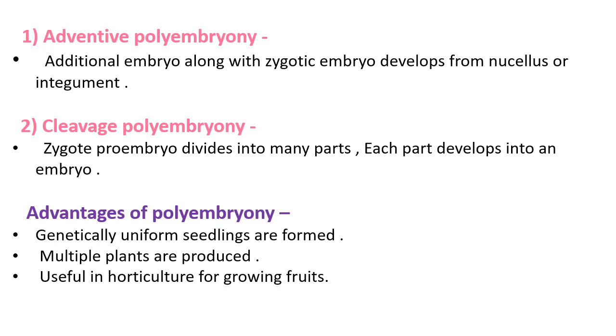In this type, the zygotic embryo means it is formed by the fusion of male gamete with female gamete. Such zygotic proembryo means the embryo which is not well developed or which is young in condition. So such zygotic proembryo divides into many parts and each part later on develops into an embryo.